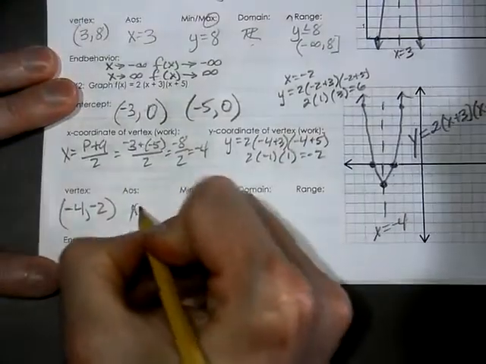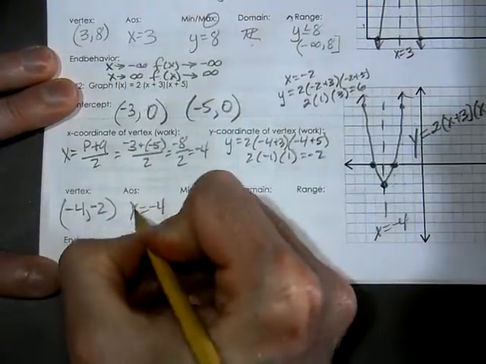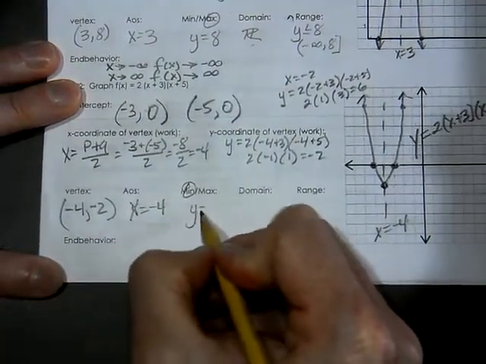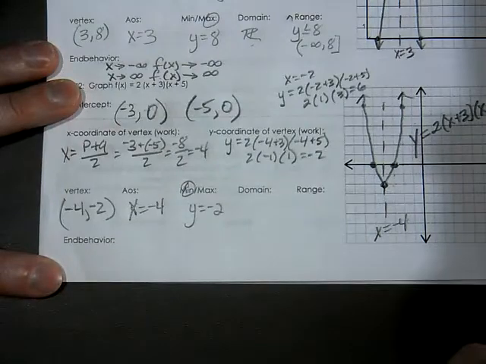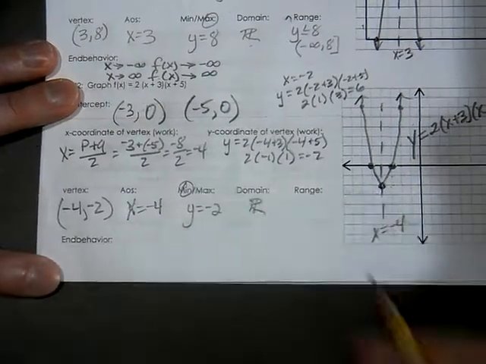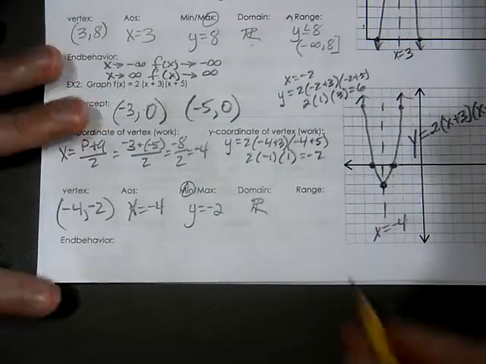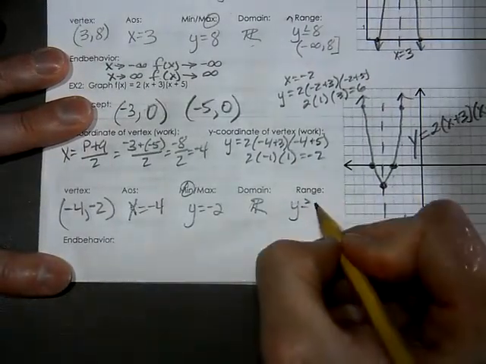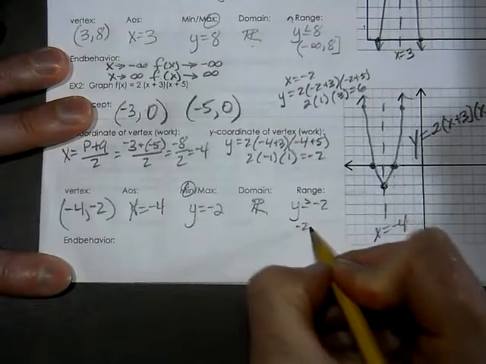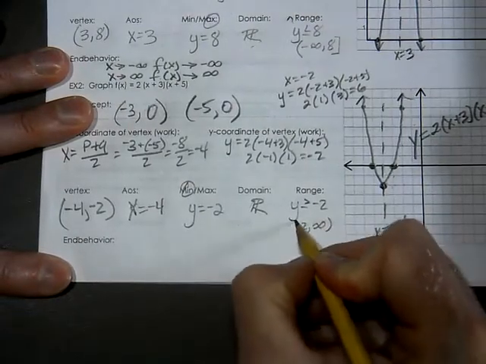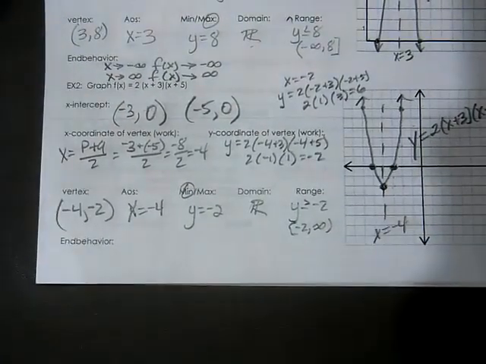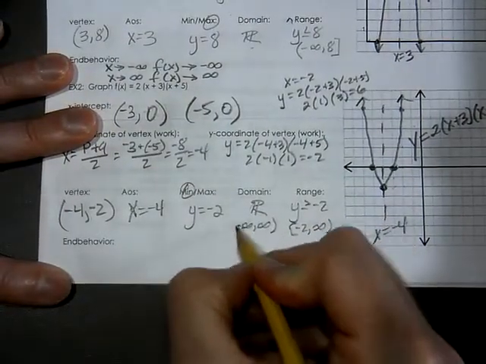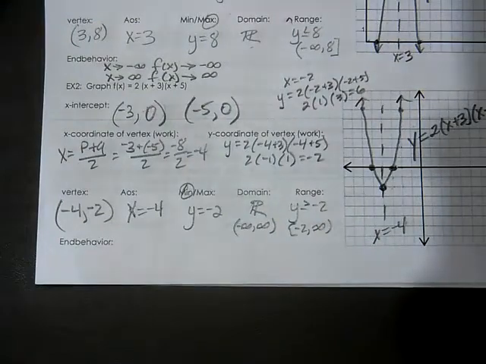So our axis of symmetry is the x value of the vertex. We know we have a minimum, and that's going to be the y value of the vertex. The domain is always all real numbers, and the range is y is greater than or equal to negative 2. We could also do that in interval notation. This guy's interval notation for all real numbers.